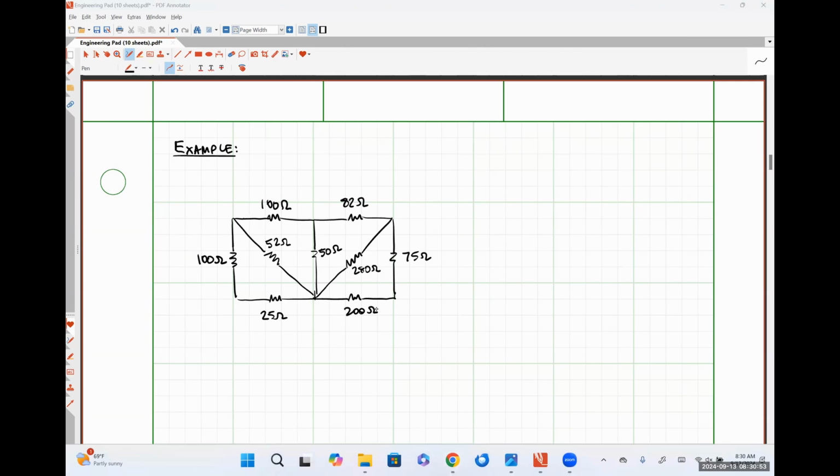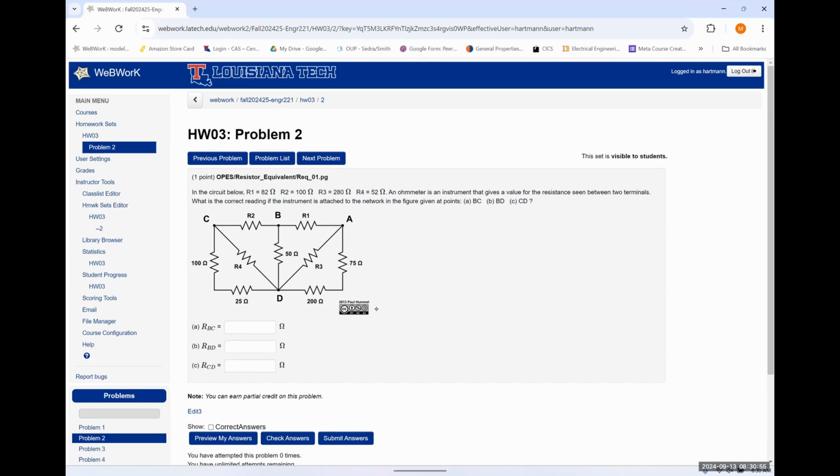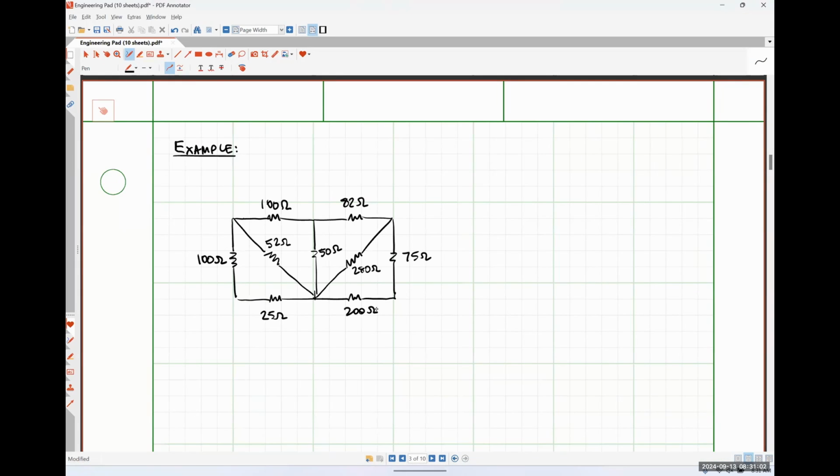And our nodes are labeled C, B, A, and then D in the bottom middle. Okay. So C, B, A, and then D down here.